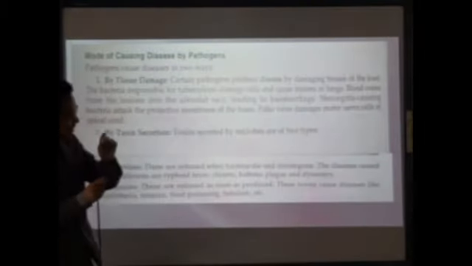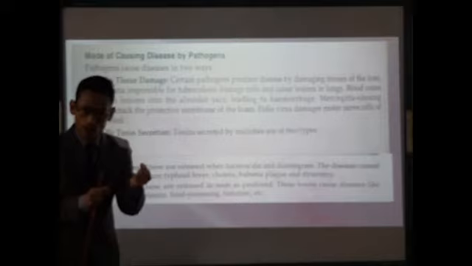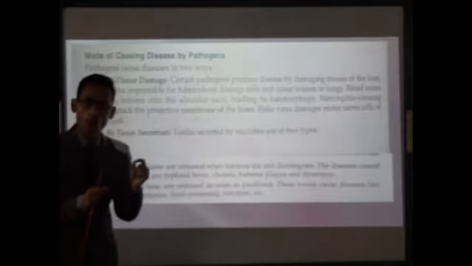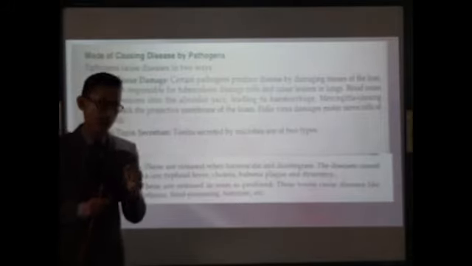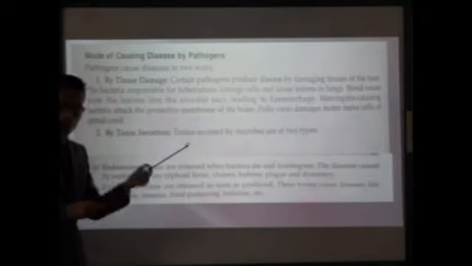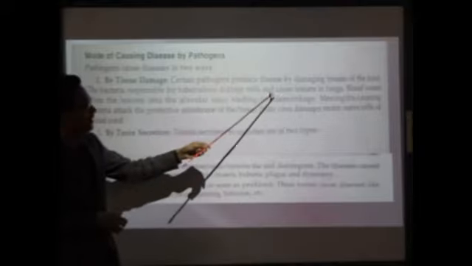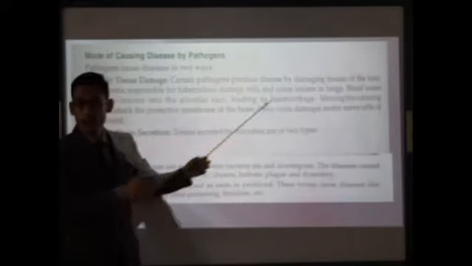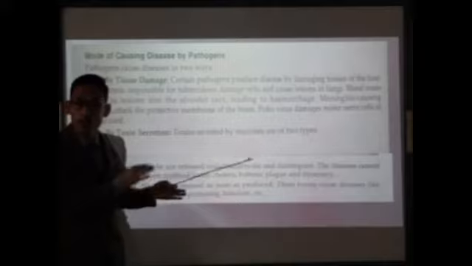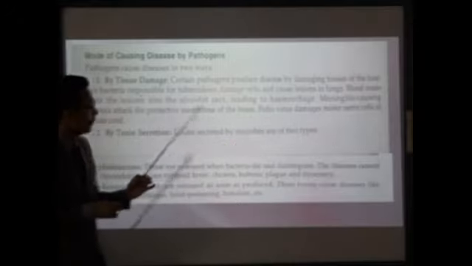For example, in the case of tuberculosis, Mycobacterium tuberculosis, which causes tuberculosis, damages the cells and causes lesions in the lungs. That is, the cells of the lungs will be damaged. Blood oozes from lesions into the alveolar sac, into the alveoli, leading to hemorrhage.